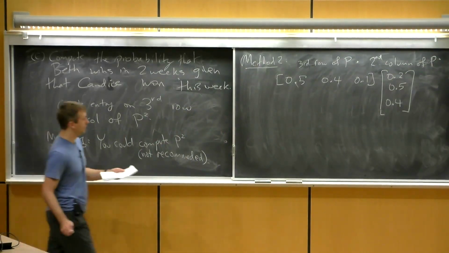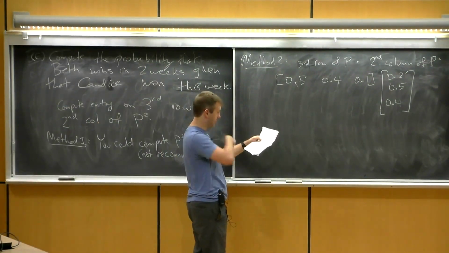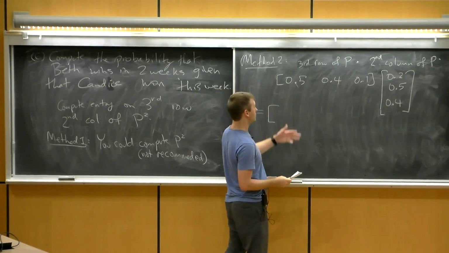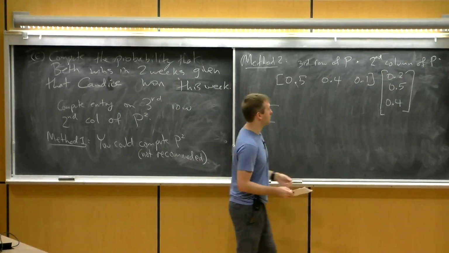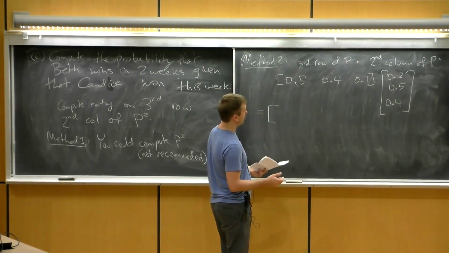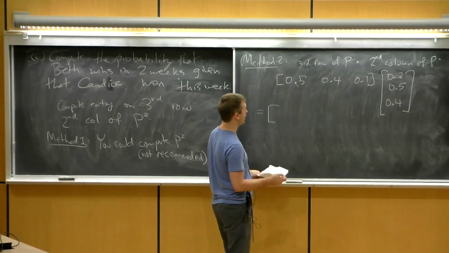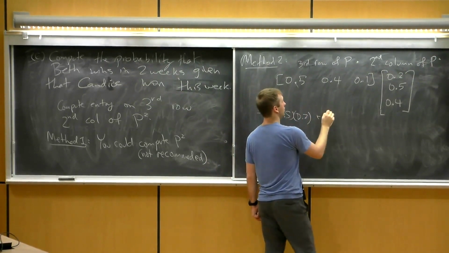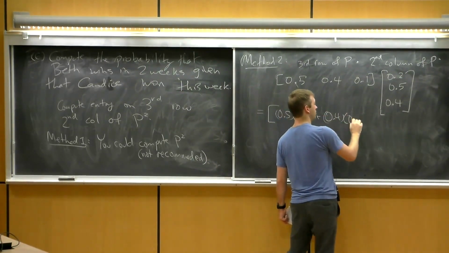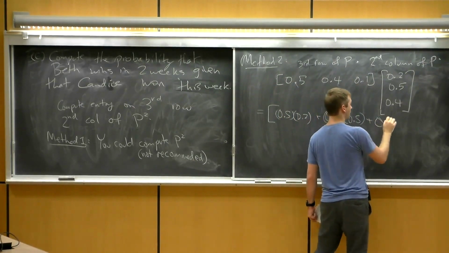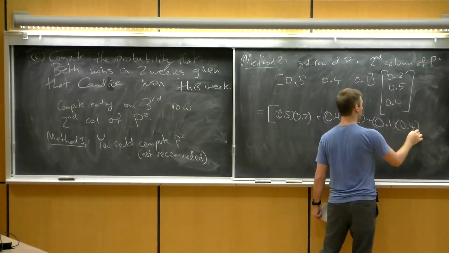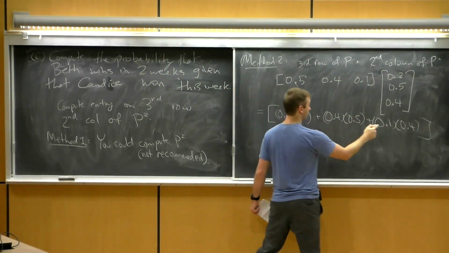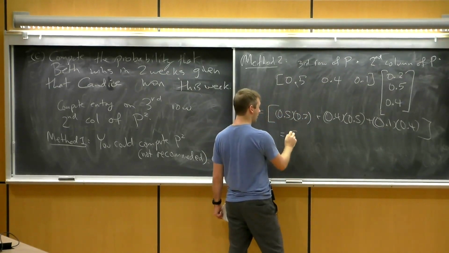Yeah, okay, it looks like my matrix changed as I went to different pages of my notes. But okay, you could compute this, right? This is going to be 0.25, sorry, no, 0.1. So 0.5 times 0.2 plus 0.4, 0.5 plus 0.1, 0.4, which is 0.1 plus 0.2 plus 0.04.